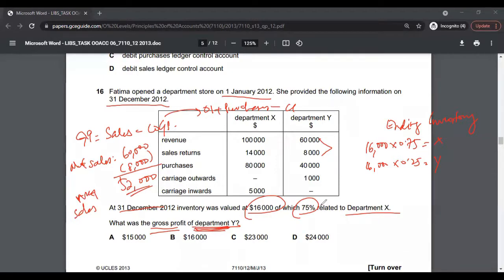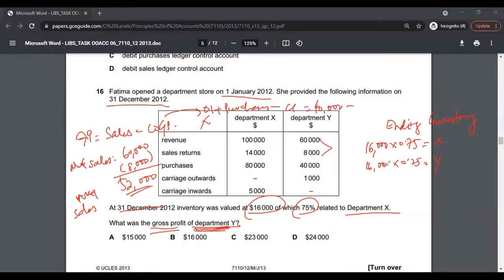Now I need to calculate the cost of goods sold. Cost of goods sold would be opening inventory plus purchases minus closing inventory. Since Fatima opened this department store very newly, there is no opening inventory. It's only purchases minus the closing inventory. How much has Department Y purchased? Department Y purchased 40,000 minus the closing inventory.